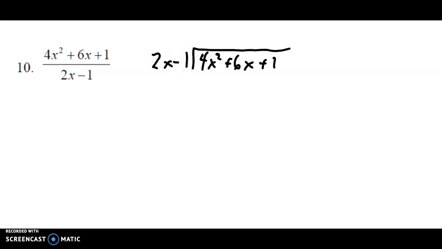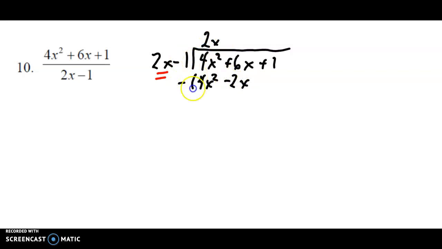And again, the key to the whole thing is that first term there. So I'm going to do 2x into 4x squared, and that will be 2x times. Multiply that, I get 4x squared. Again, great sign. And then 2x times negative 1 is negative 2x.